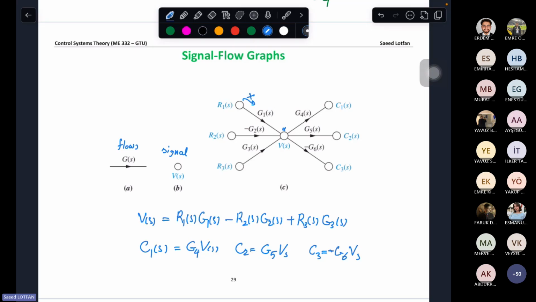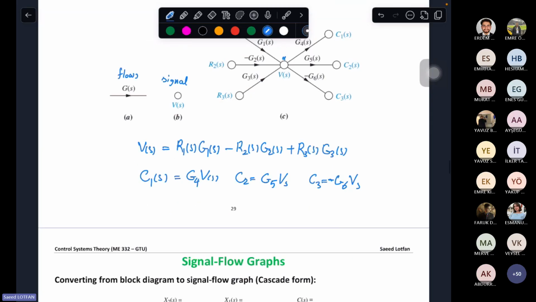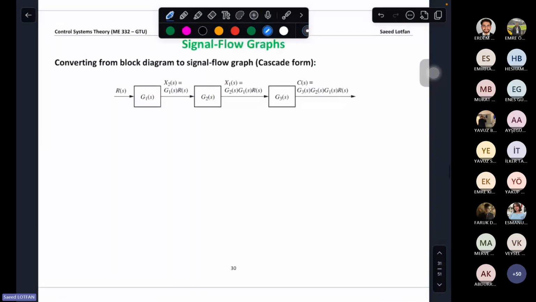So the same idea of multiplication happens for the signal flow. Let's understand this by converting a block diagram to a signal flow graph based on cascade form.